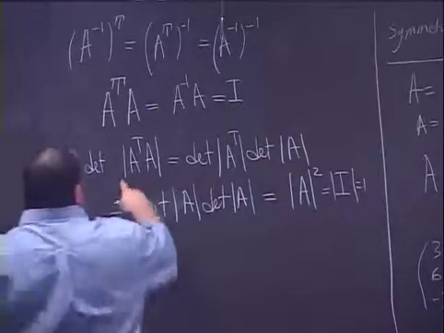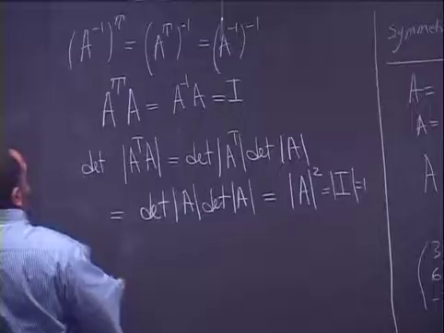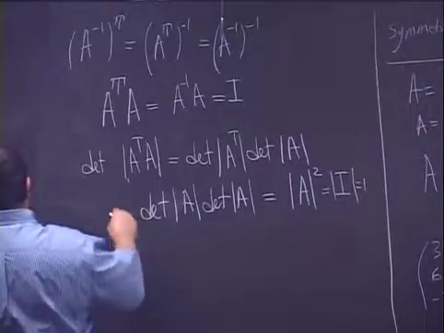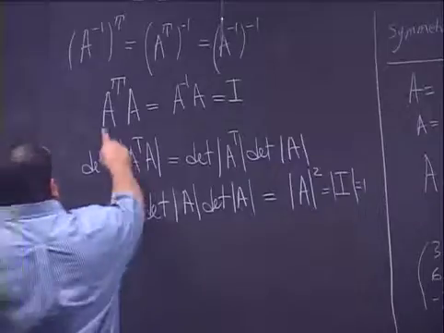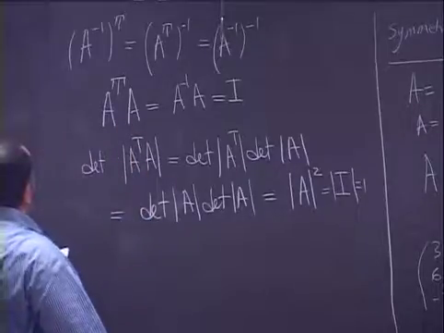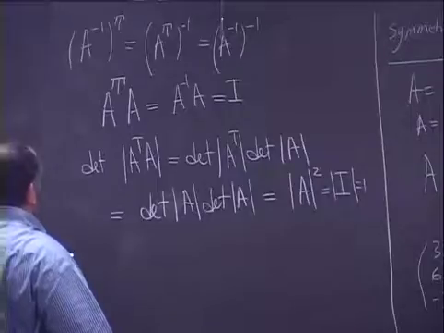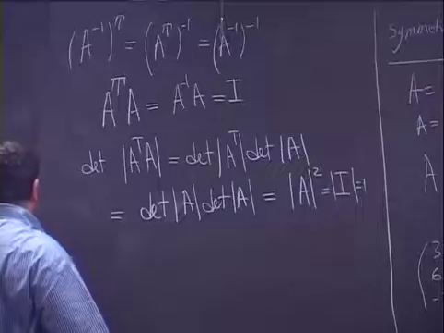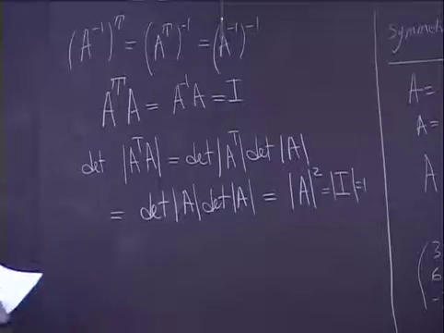So A transpose multiplied by A is equal to I for orthogonality. So far, do you have any questions?